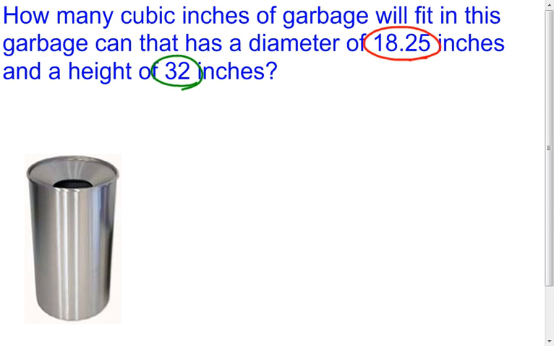So think back to finding the volume of a cylinder. Volume is equal to the area of the base times the height of the cylinder. Well, my base is a circle, so I just need to figure out the radius.